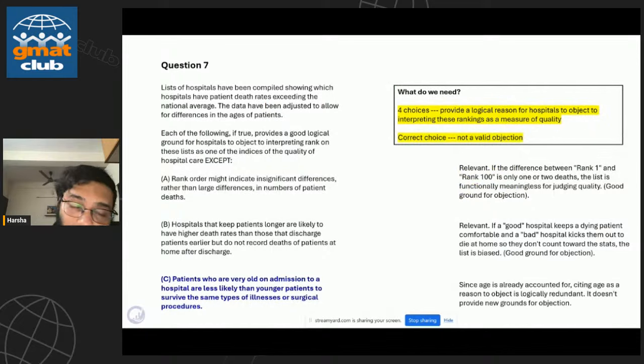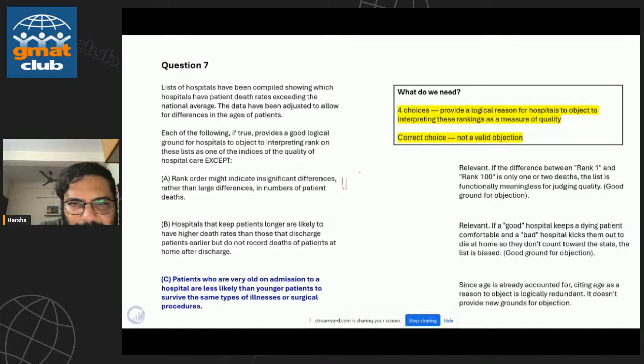Now, as you start processing each of these choices, you see that there is some relevance, that you could make this a very valid objection. If you say rank order might indicate insignificant differences rather than large differences in numbers of patient deaths, let's understand.